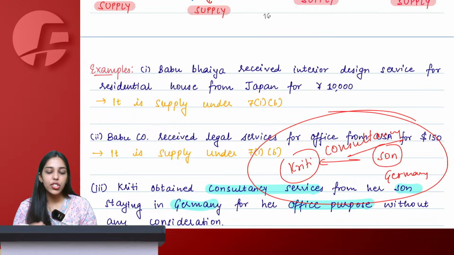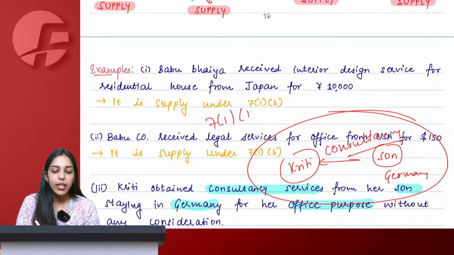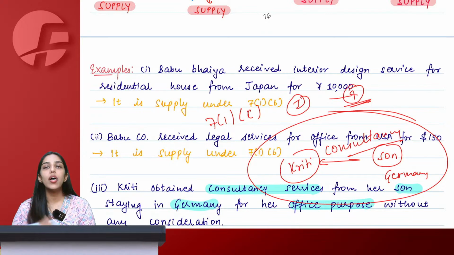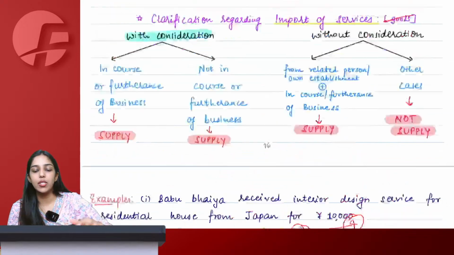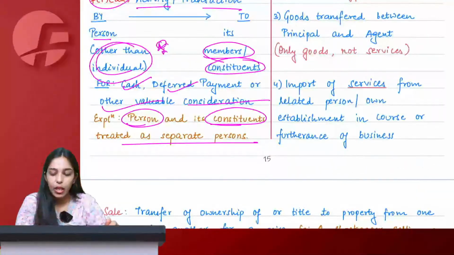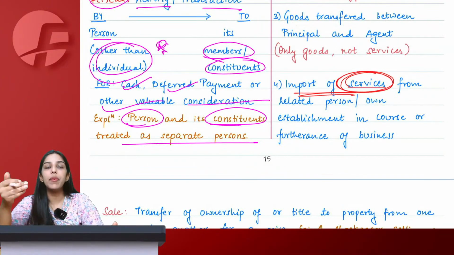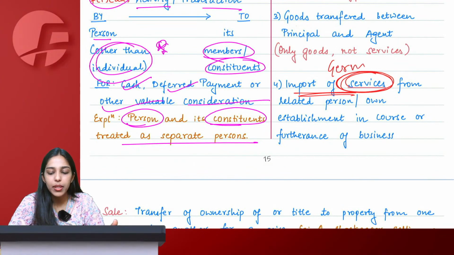Very good, ma'am. Section 7(1)(c), read with Schedule 1, para 4. This is a supply because it is import of service from a related person, own establishment, plus in the course or furtherance of business. Kriti has imported services from Germany.